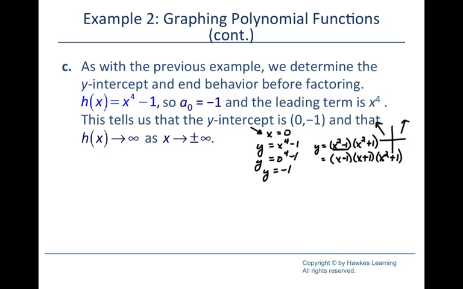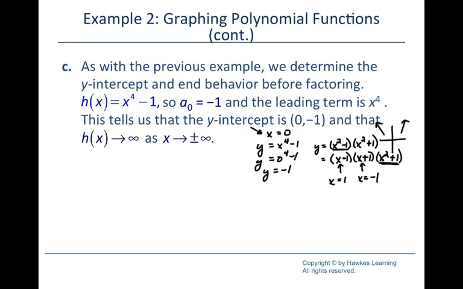Now, this will not give us a real number answer. That's going to give us a complex number answer. These two, when I set them equal to 0, will give us x equals 1 and x equals -1 for our real number roots or solutions.